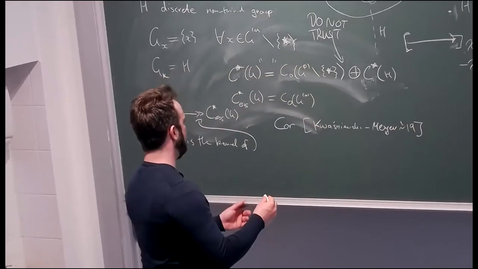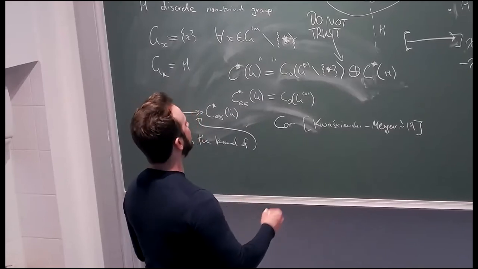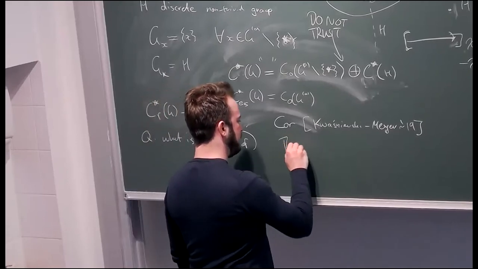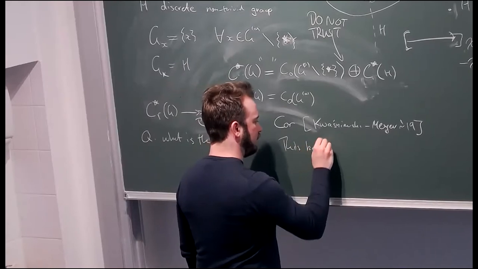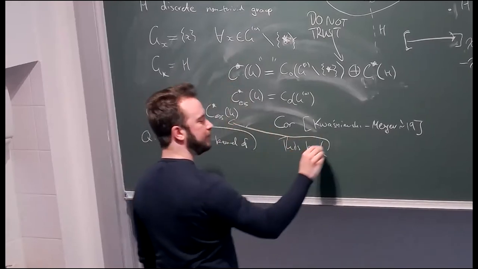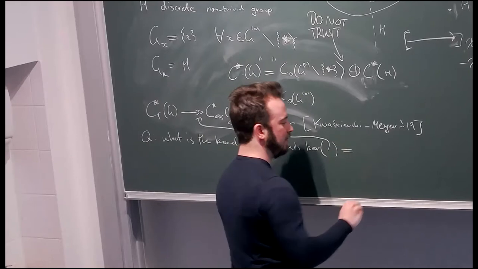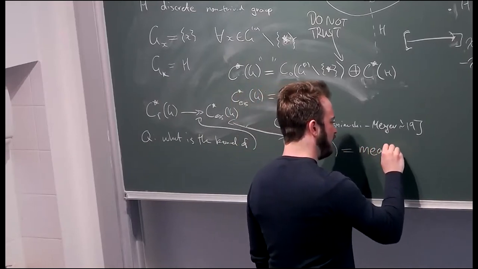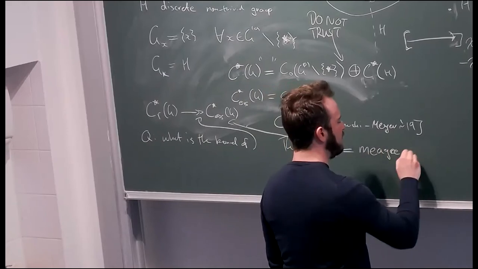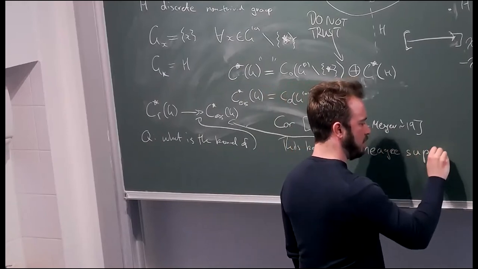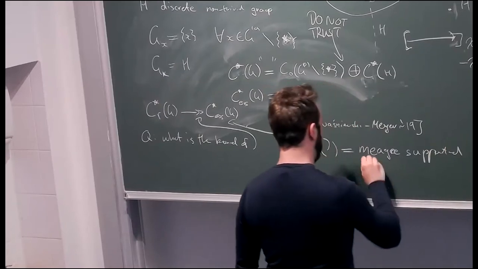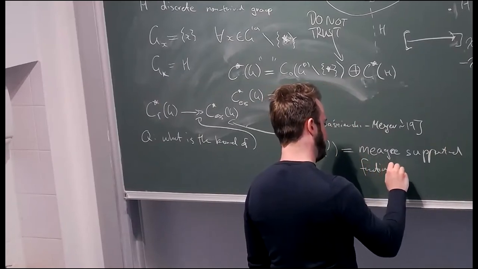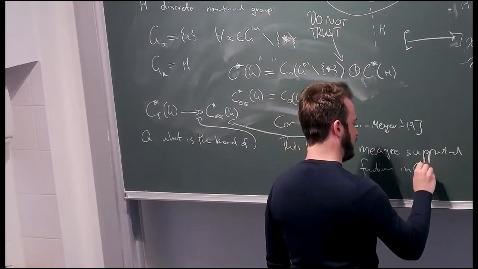This kernel, this ideal, is exactly meager supported functions in C star R of G.